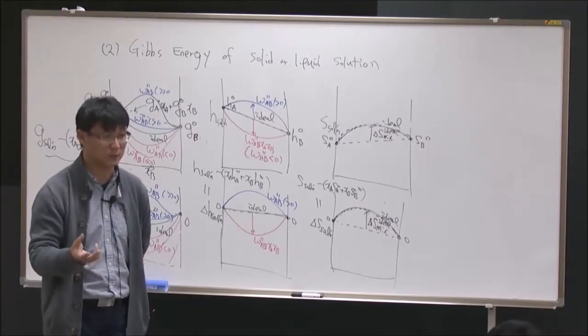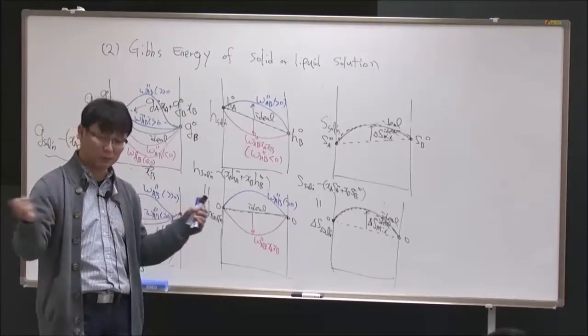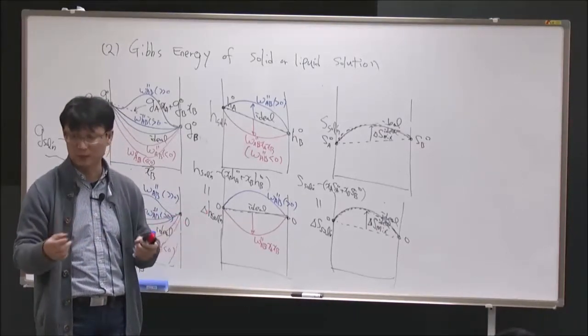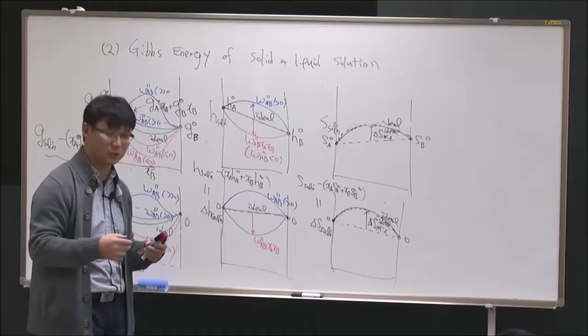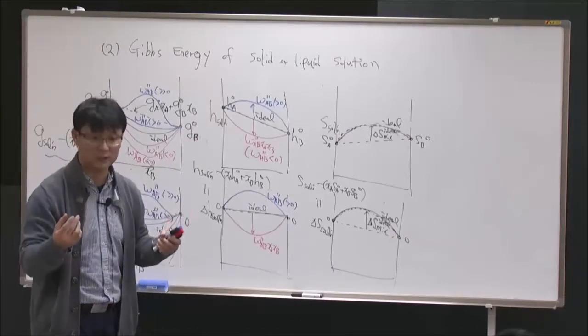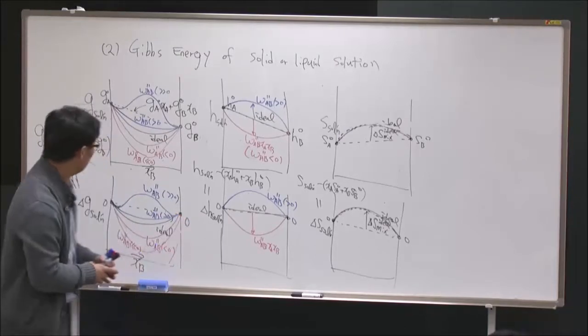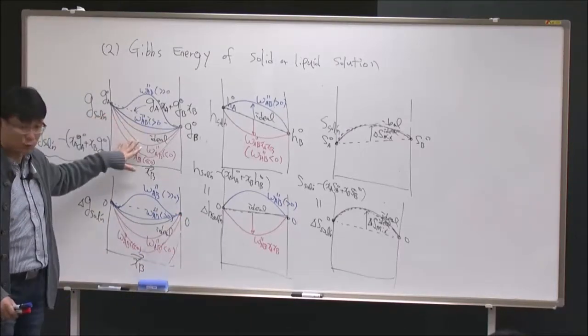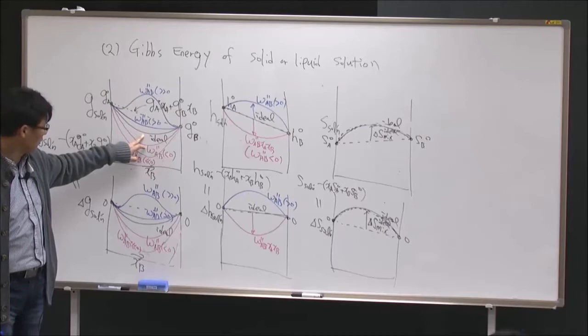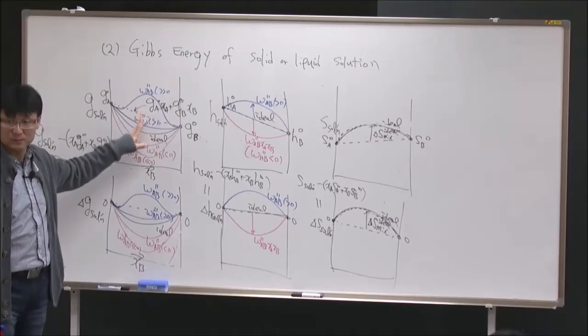The solution is less stable. Gibbs energy is less stable because it has a repulsion force between A and B. So A and B want to kick each other out, so they want to go to the gas phase. So the liquid or solid solution itself is not stable anymore. So in terms of the Gibbs energy of solution, compared to the ideal condition, it's less stable. Okay?